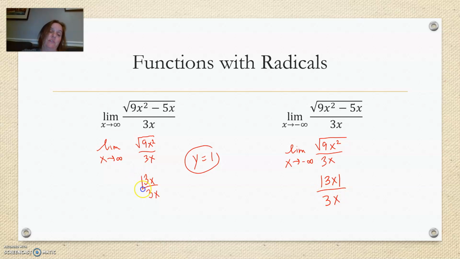Both of them actually would be the absolute value of 3x. But if I'm going to negative infinity, then this would be y equals negative 1, because x is a negative number, so the absolute value of that would change its sign.